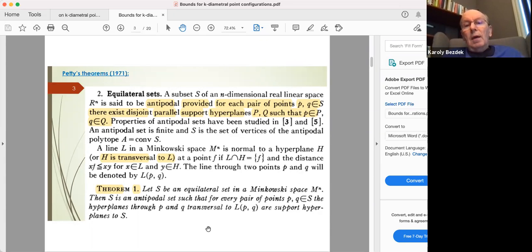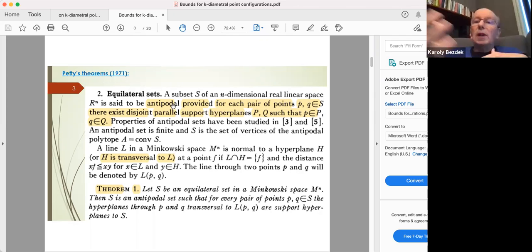And in order to understand what he claims here, we just need to review the notion of antipodal point sets. So a finite point set he calls an antipodal point set if it has the property that no matter how we choose 2 points from the point set, then these 2 points lie on parallel supporting hyperplanes, distinct parallel supporting hyperplanes of the point set.